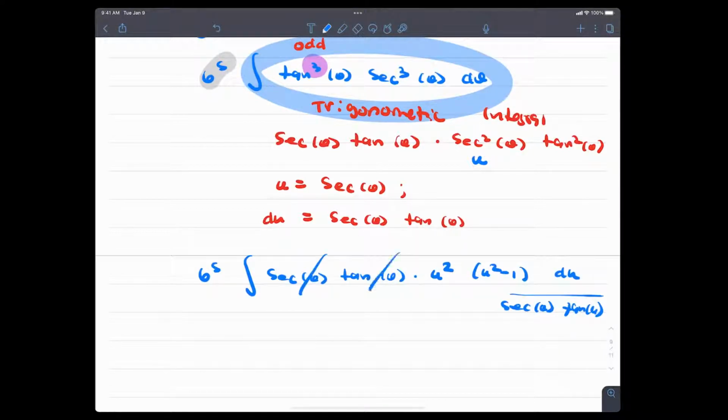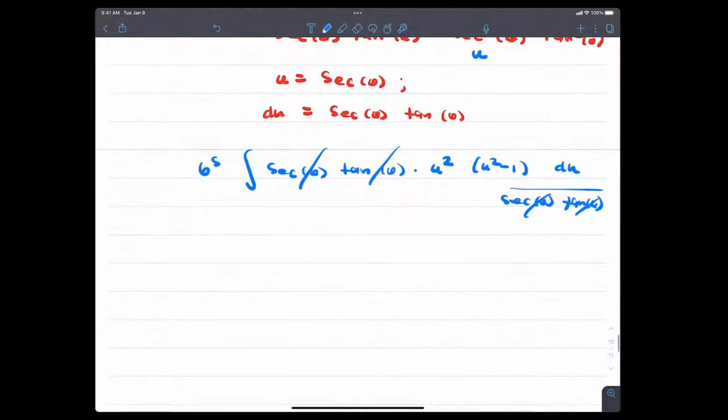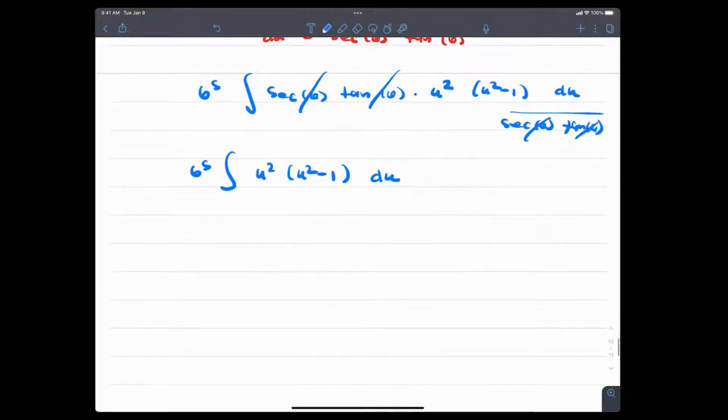You're going to cancel these things out. So you guys remember, this is again a trigonometric integral. You got to do the homework on trig integrals if you're going to use trigonometric substitution. And then, what do you have?